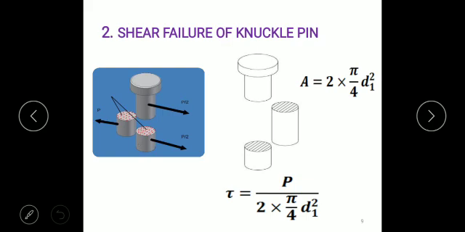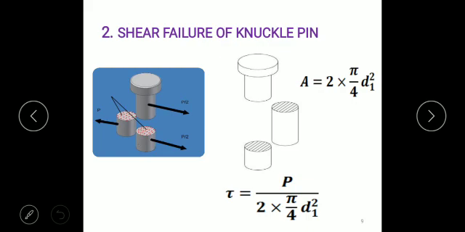Moving toward the next failure, again as in the quarter joint, the pin is the major component of this knuckle joint. Before starting the design of the pin, as I stated in the last class, comes the material selection. Here also the material for the pin can be selected as plain carbon steel or alloy steel. The same applies to the material of the single eye or the double eye.